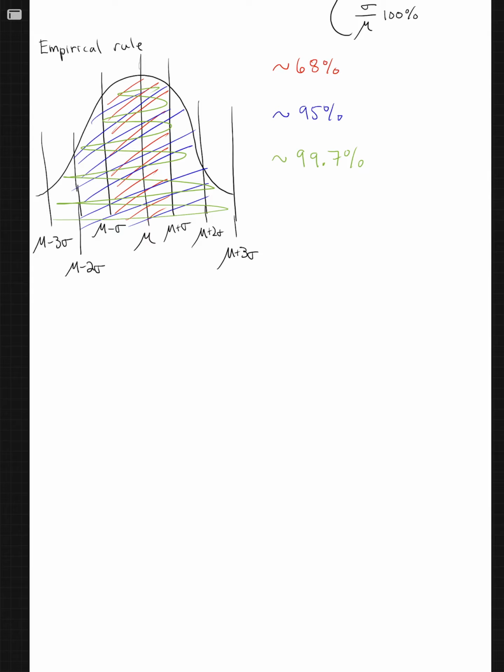Our second one is one of my favorite ones to say that I have to look up how to spell. Chebyshev's rule. It's true for bell-shaped, but it's not useful for bell-shaped, so we're going to go ahead and say this is a rule for not bell-shaped things. If something's bell-shaped, you should use the empirical rule.